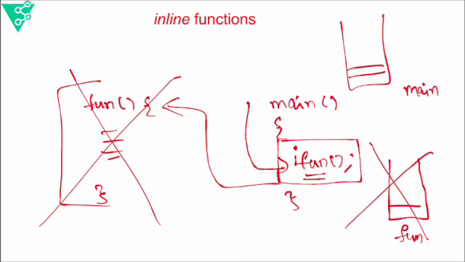In a regular function, as soon as a function gets called, you will have all these sets of activities to be done. Now, if it is an inline function, the definition of this ifun will be replaced here itself. Wherever you have called ifun, all the definition statements will be replaced here as individual statements.